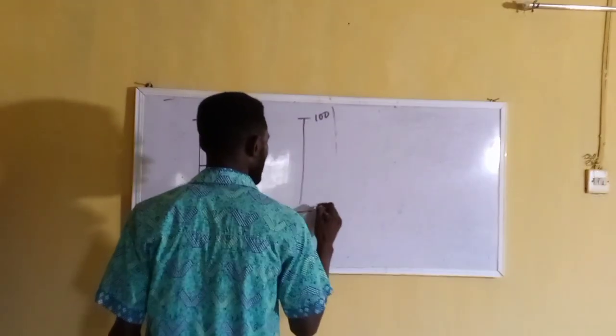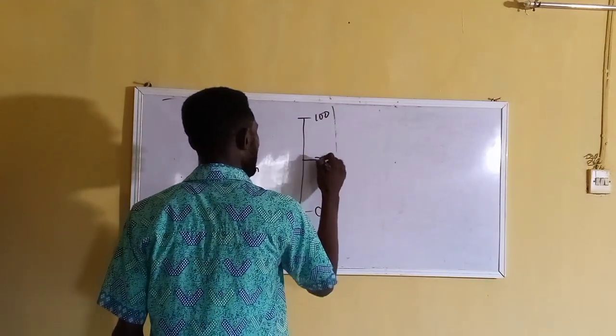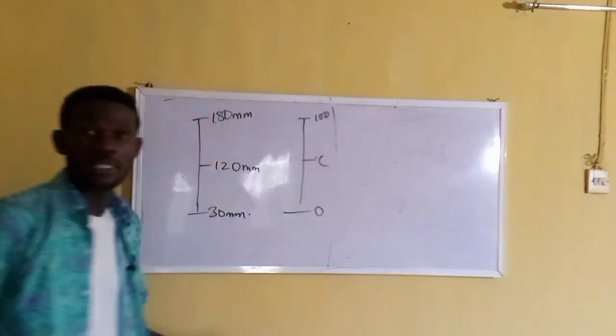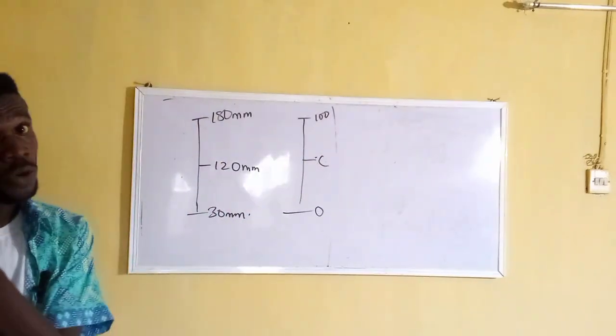So this is 100, this is 0, and this is going to be C. Let's call it C. So how are you going to carry out your conversion?